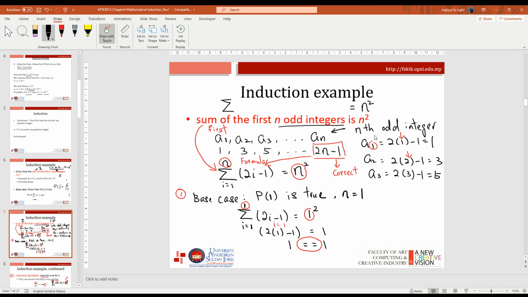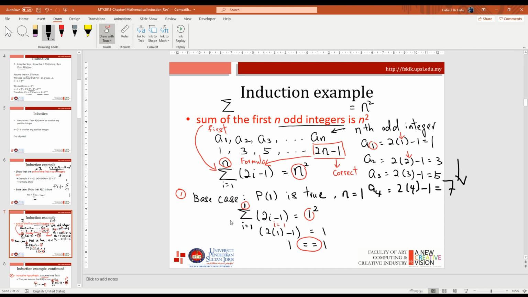Okay, this one is n odd integers. We add on, we get 1, we get 3, we get 5, and then 4 is equivalent to 7, and so on.